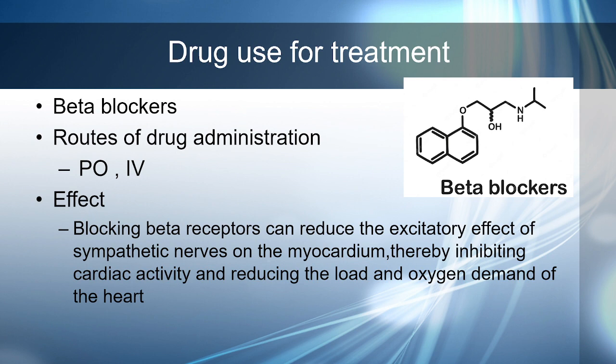The route of drug administration of beta blocker is PO and IV, and the effect of this is blocking the beta receptor, which can reduce the excitatory effect of sympathetic nerves on the myocardium, thereby inhibiting cardiac activity and reducing the load and the oxygen demand of the heart.